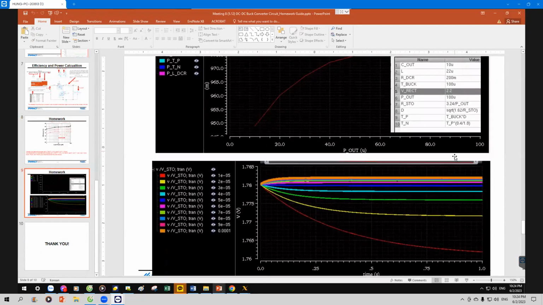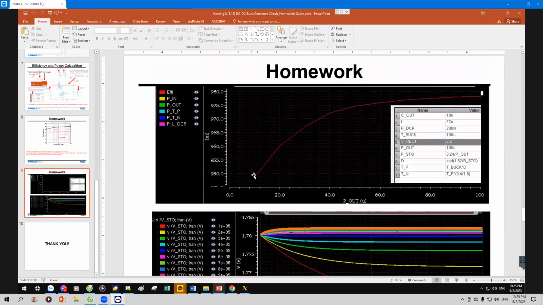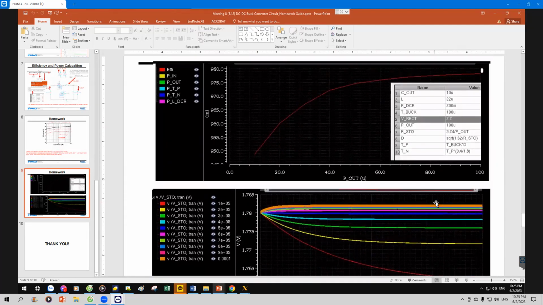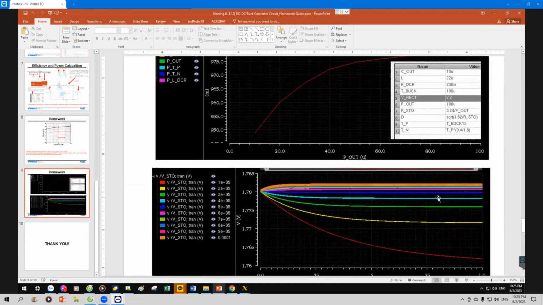Here are the simulation results I ran. It's like this. 2.2 volts, equal to 1. Completely opposite.